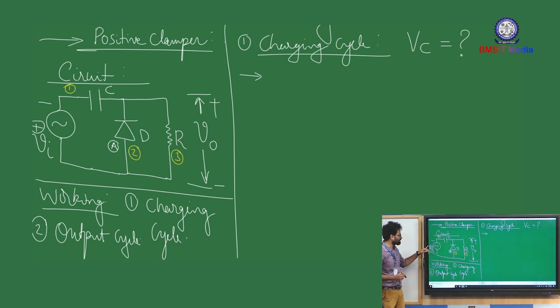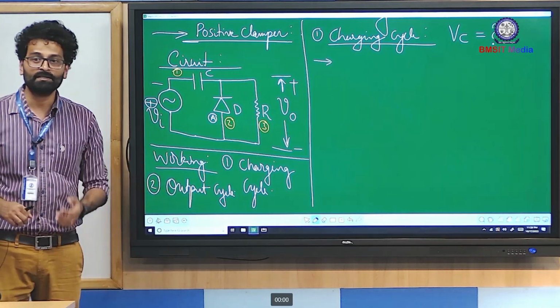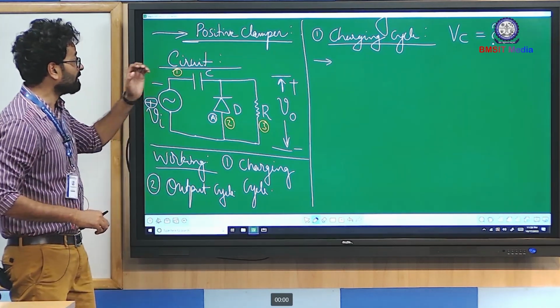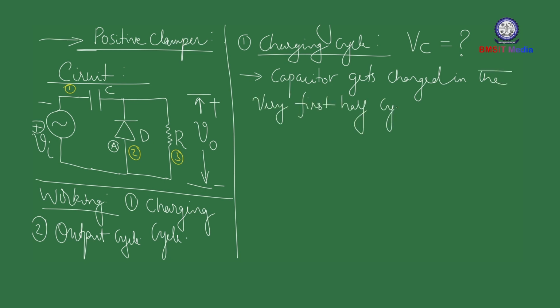So when the positive terminal of Vi is connected to the anode terminal, we say the diode is forward biased. So in case of positive clamper, the capacitor gets charged in the very first half cycle of the input.